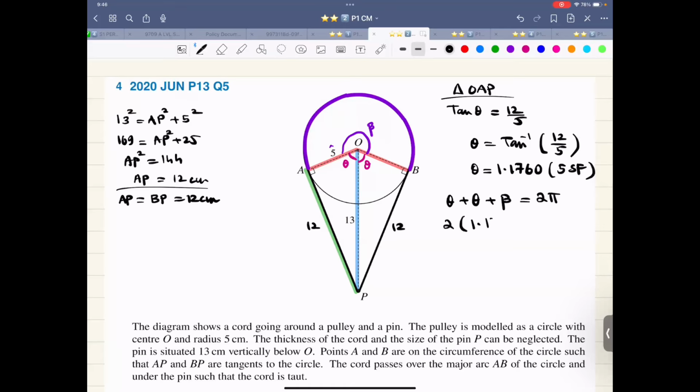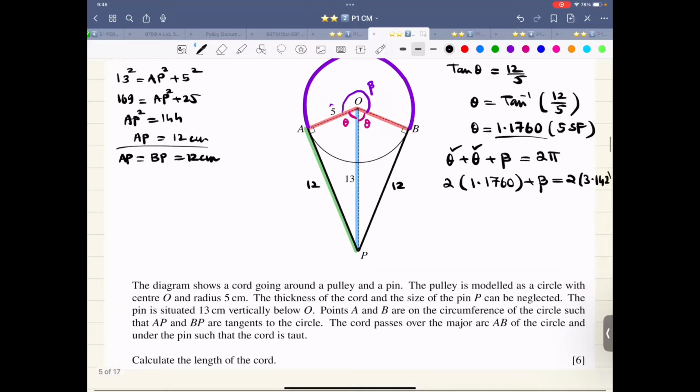So 2 times 1.1760 plus beta equals 2 times 3.142, that is 6.284. So beta comes out to be 3.9319, again 5 SF.